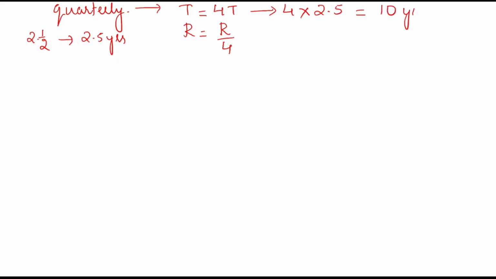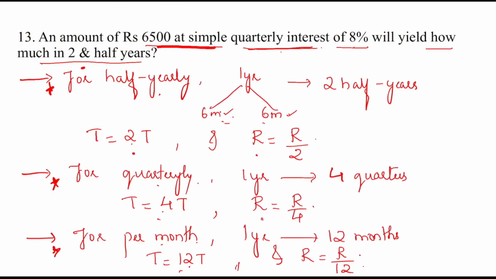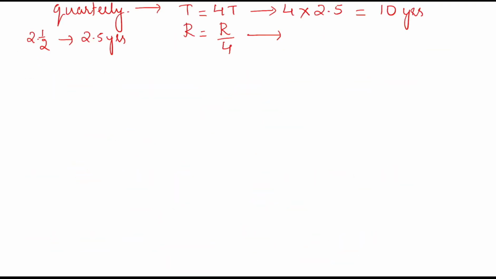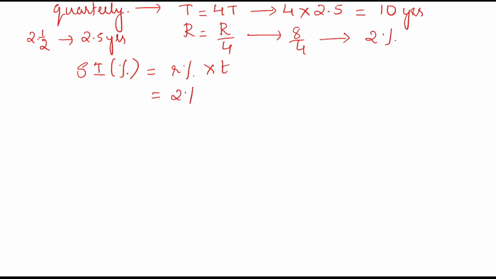And R is 8%, so now R will become 8 by 4, which is equal to 2%. Now we always calculate SI percent, isn't it? So SI percent is equal to R percent into T, we know. So 2% into 10, SI percent will be 20%.